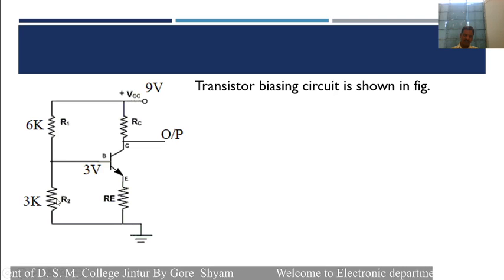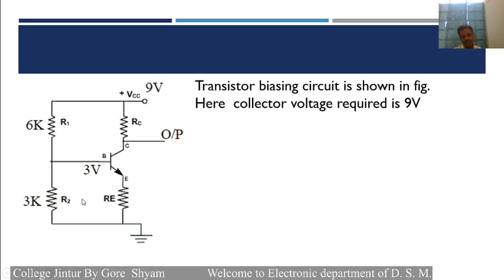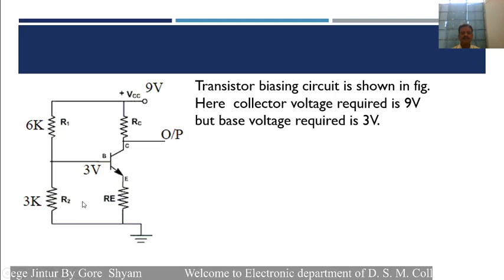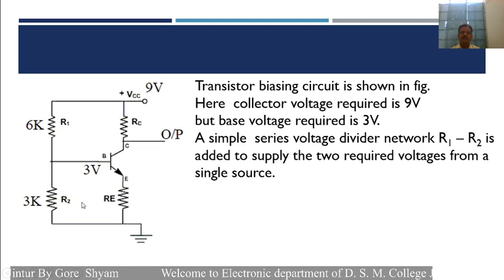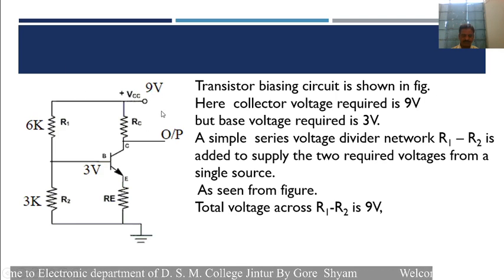We connect the two resistances R1 and R2, and these two resistances work as a voltage divider. A simple series voltage divider network, R1 and R2, is used, and these two resistances divide the source voltage.